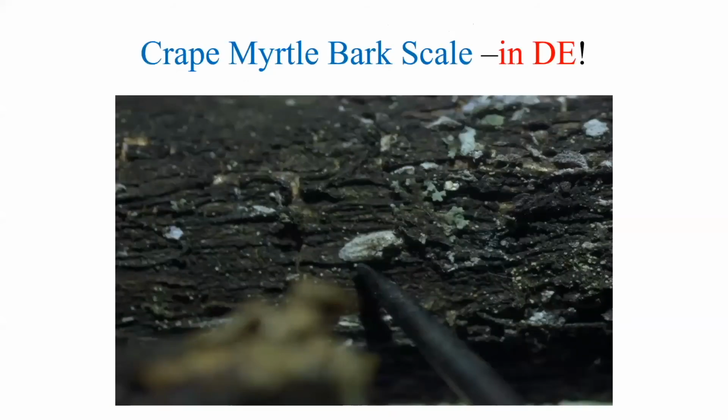So basically, if a sample comes in, I throw it under a scope, and this is a close-up that Tracy and I took of that sample that was taken in Sussex County. Looked at it under a microscope, and this pointer is pointing to one of those felt coverings over the scale. This was a really old sample, so there weren't any living insects underneath.